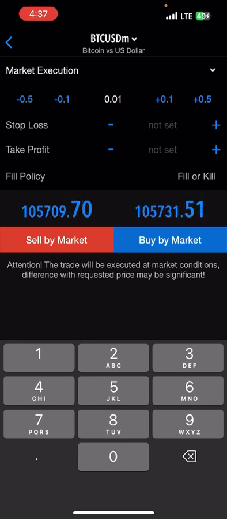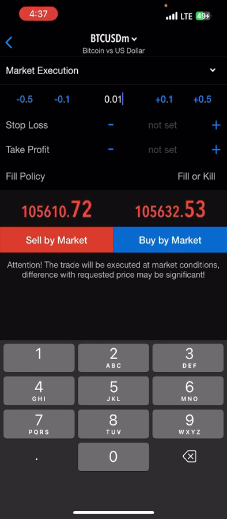Using 0.01, you're going to be making or losing $5, but using 0.1, you're going to be making or losing $50. Using one standard lot size, you would be making $500 or losing $500.